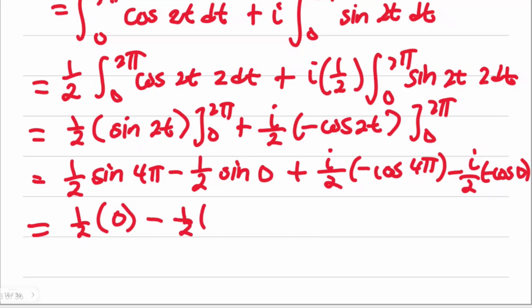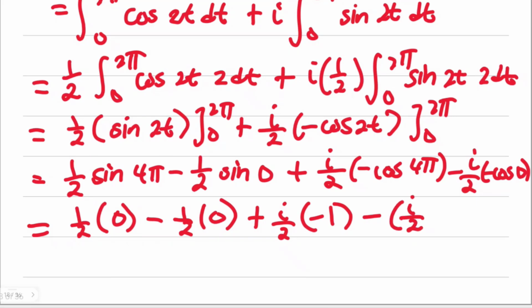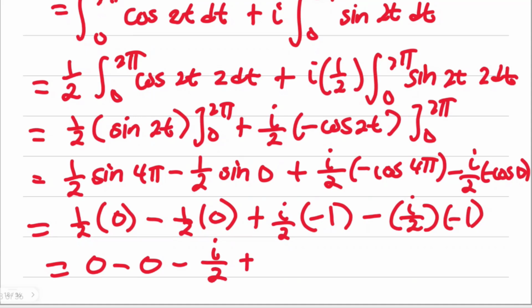Minus 1/2 sine of 0 is 0. Plus i over 2 negative cosine of 4 pi is negative 1, and you have your minus i over 2 negative cosine of 0, which is also negative 1. This is 0. 0 minus i over 2 plus i over 2 would still be equivalent to 0.